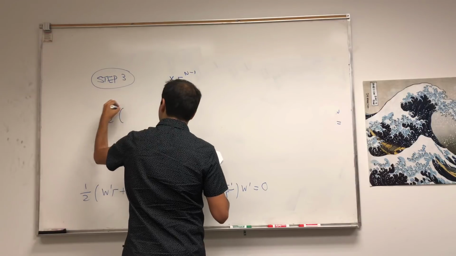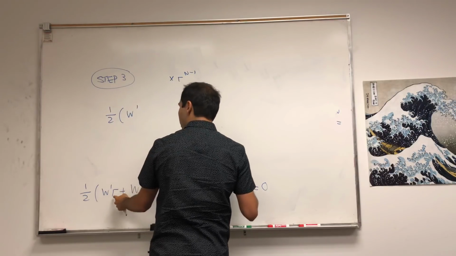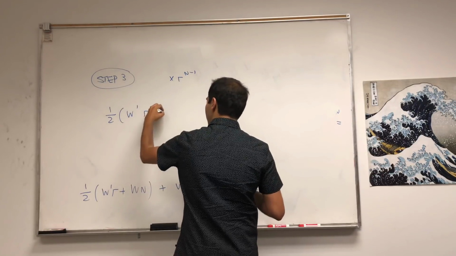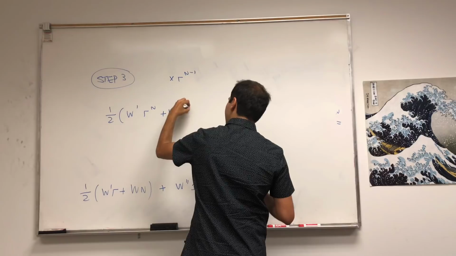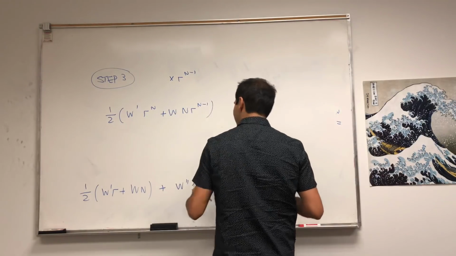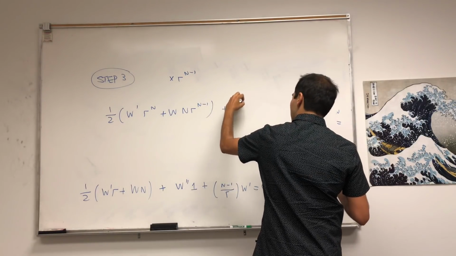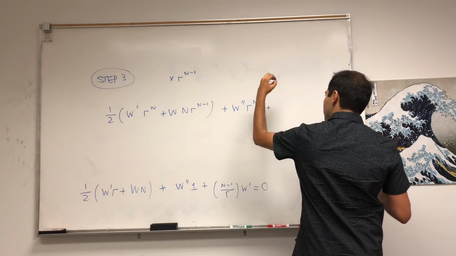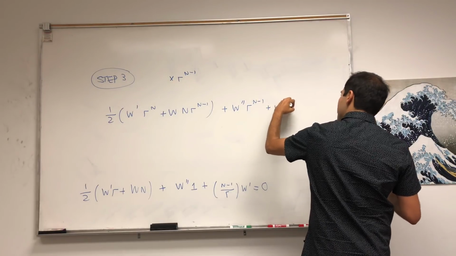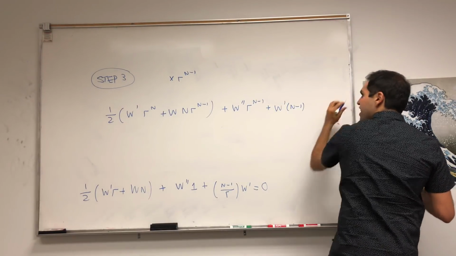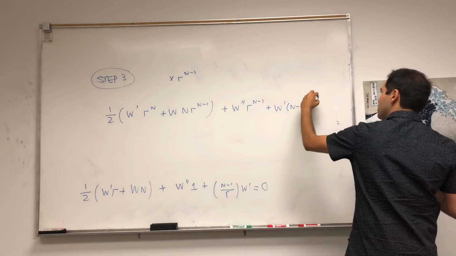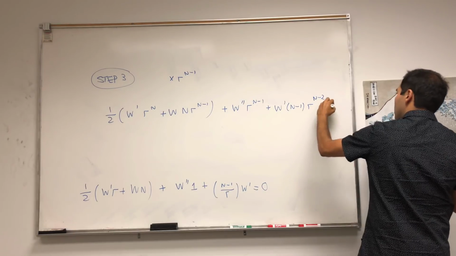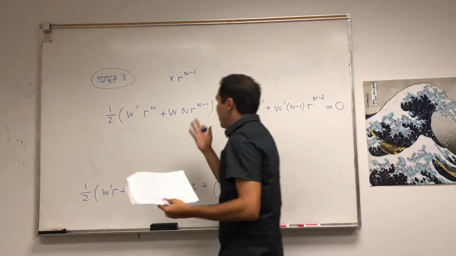Then what you get is 1/2 W prime R times R to the n minus 1, which is R to the n, plus W n times R to the n minus 1, plus W double prime R to the n minus 1, plus, if you want, W prime n minus 1, R to the n minus 1 over R, which is R to the n minus 2, equals to 0. And that's wonderful.